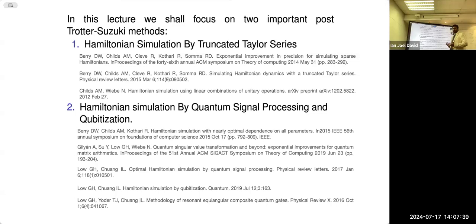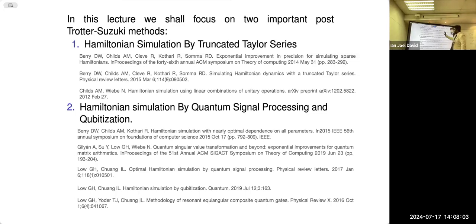And I said, wouldn't it just be convenient if we could just truncate this Taylor series up to some order and then just use that to approximate our time evolution operator? And the reason why we didn't do it last week was because I mentioned that we wanted products of unitaries because they're easy to implement. And we'll see today why doing the truncated Taylor series is difficult, but it's still possible. And we'll see as well the improvement that it gives.